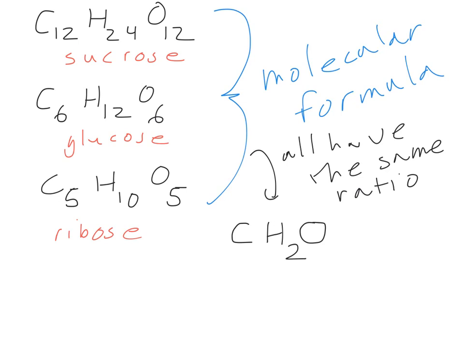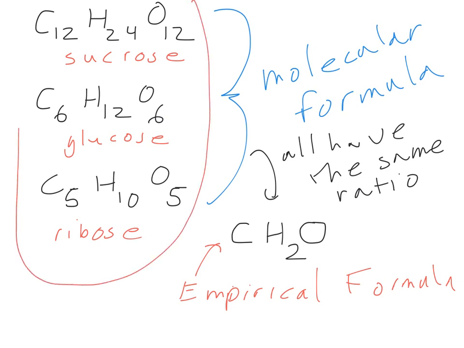This ratio of the elements in a compound is referred to as the empirical formula. This 1 carbon, 2 hydrogens, 1 oxygen would be the empirical formula for all 3 of those compounds.